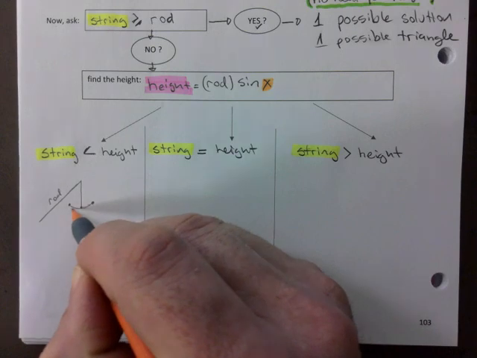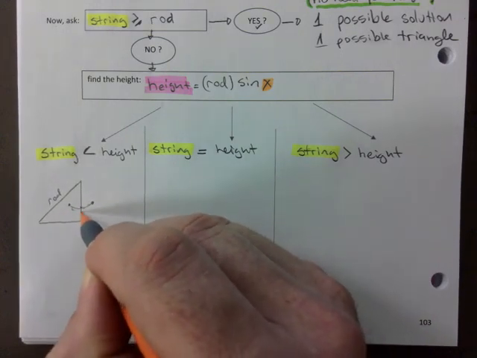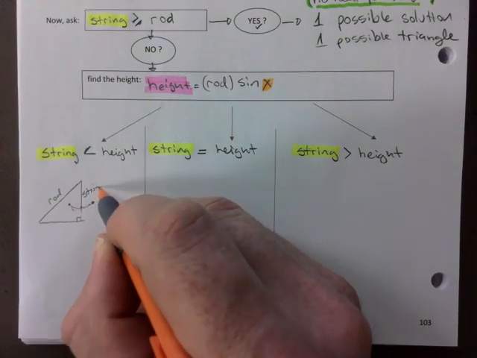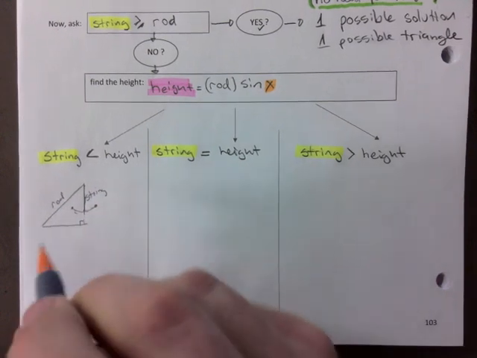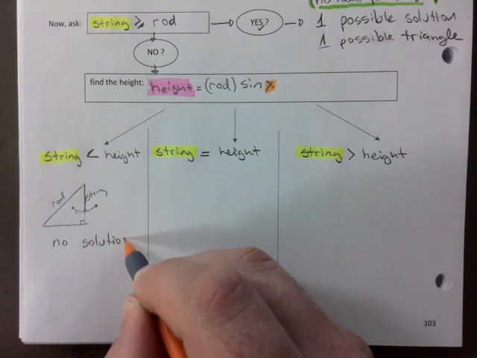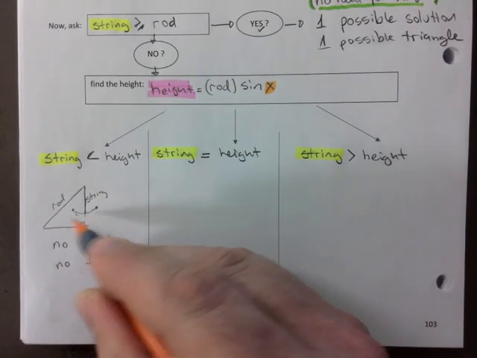So it's making a path like that. This is your height. But the string is too short. The string itself is shorter than the height. So no triangle, no solution, no triangle. You can't close that.